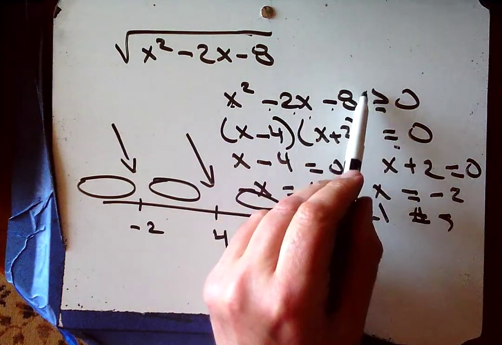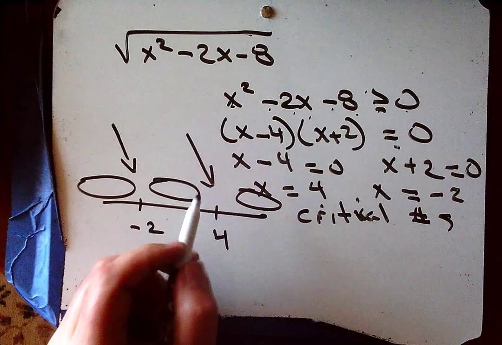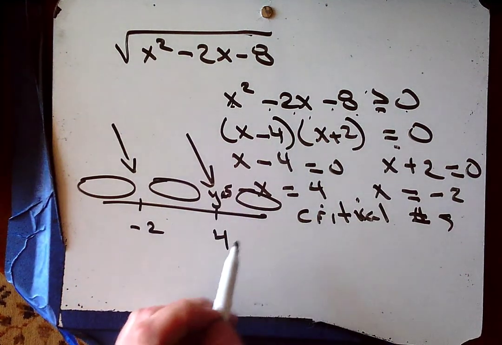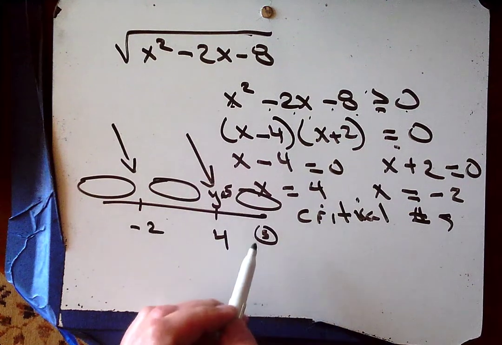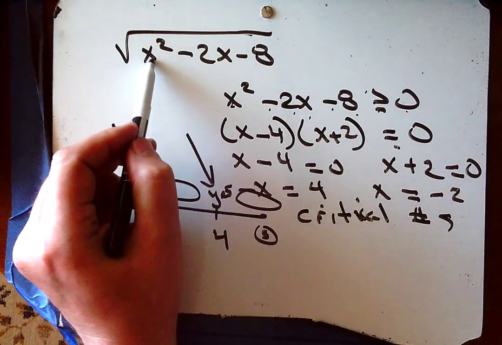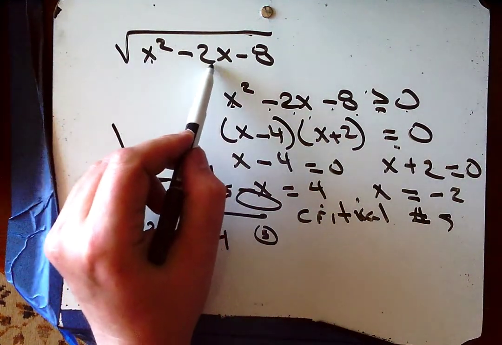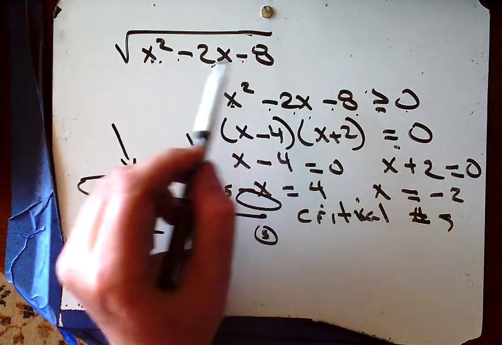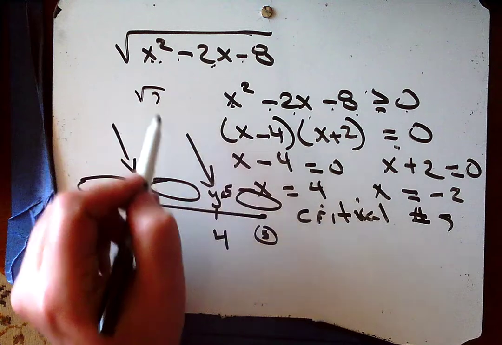Is 0 greater than or equal to 0? Yeah, that works. What if I choose a number bigger than 4, like 5? So 5 squared is 25, 2 times 5 is 10, so 25 minus 10 is 15, minus 8 is 7, the square root of 7.